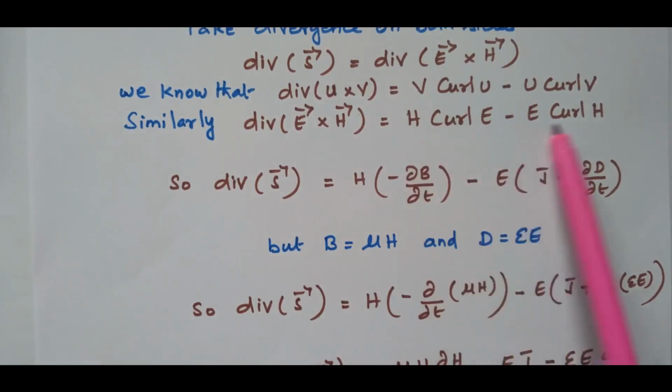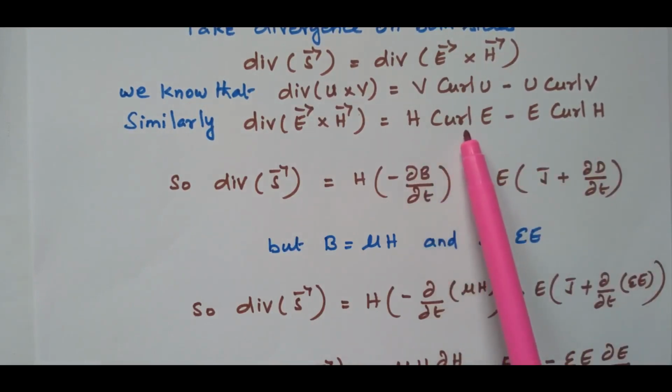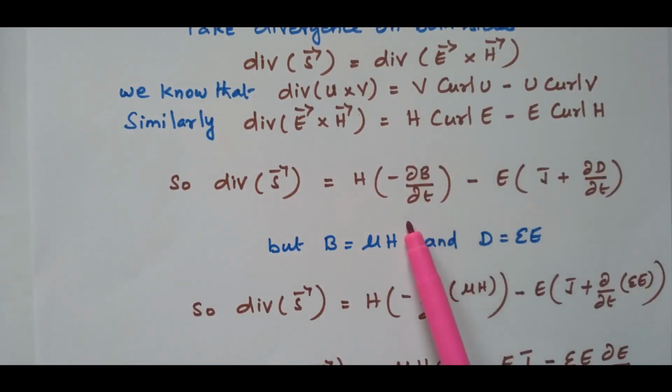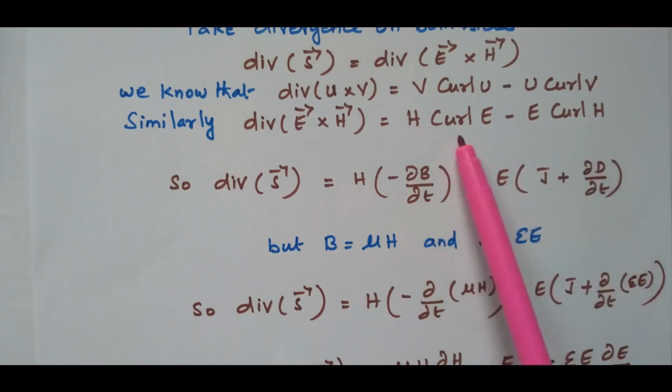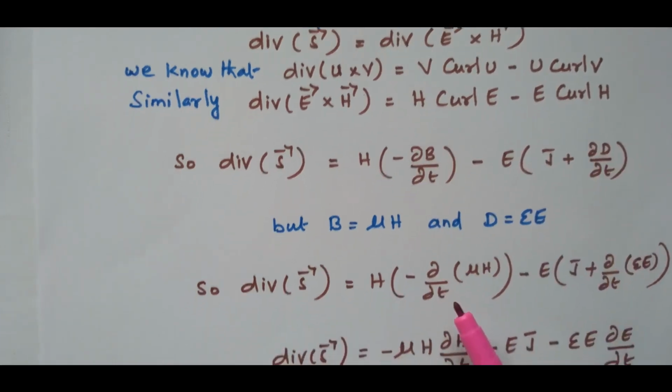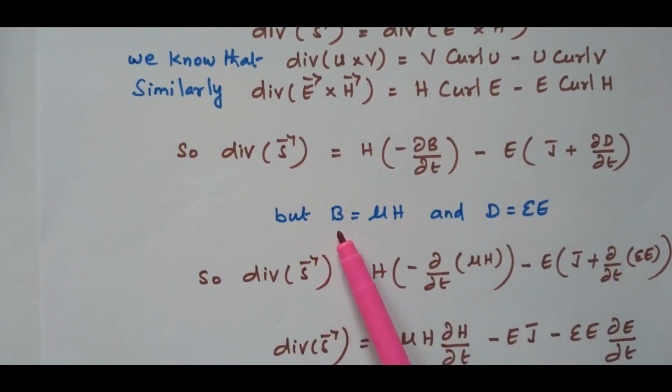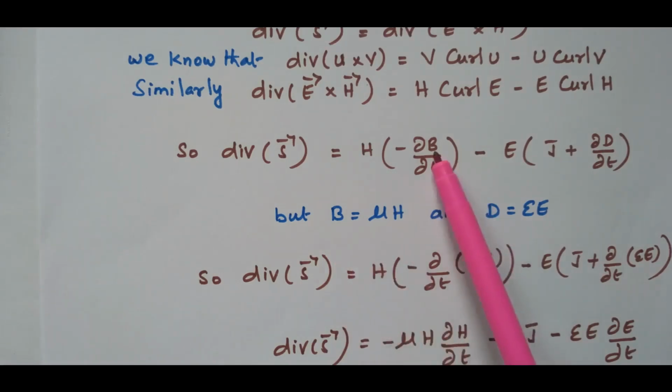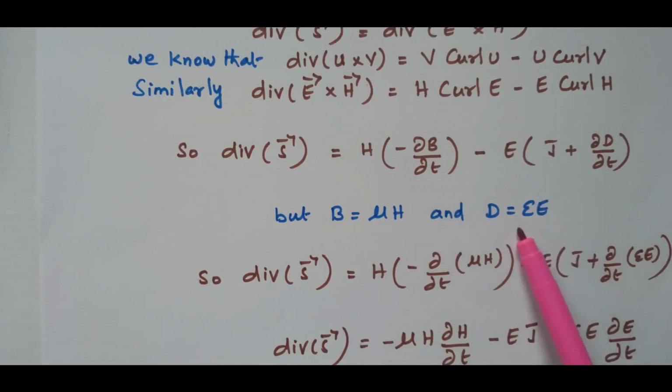This term is replaced by this formula: curl E is minus dou B by dou T and curl H is J plus dou D by dou T. Now we substitute one more: B equals mu H, and similarly D equals epsilon E, the relation for displacement density.